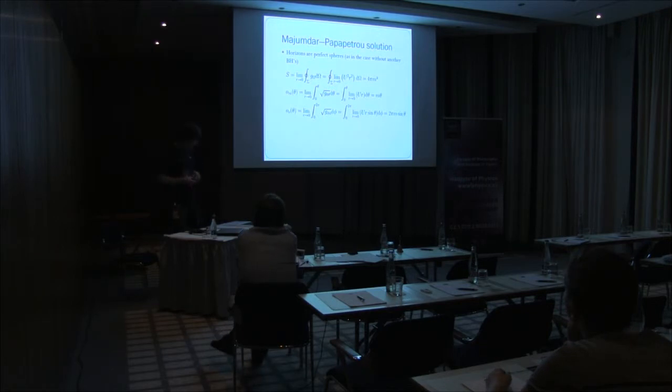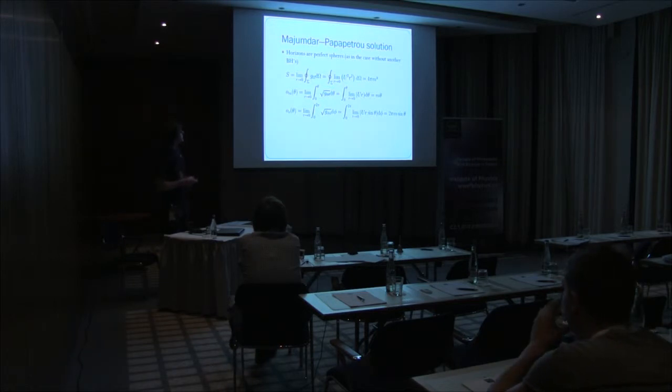At first, we can show the horizons are perfect spheres by these calculations. The first one is the area of the horizon. We can see the area corresponds to a sphere with radius m.